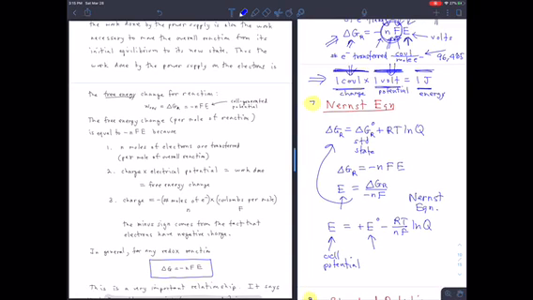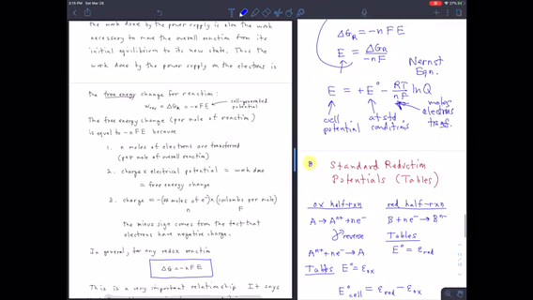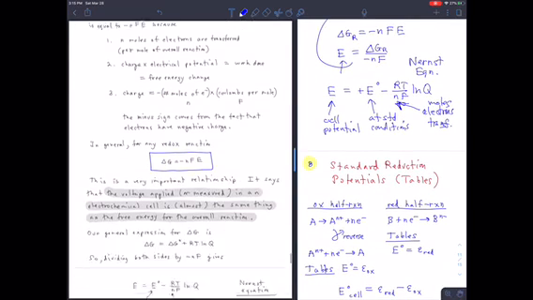This is the cell potential at standard conditions. N is the number of electrons transferred during the overall chemical reaction, the number of moles of electrons transferred. And RT is, of course, just the gas constant times temperature as usual.